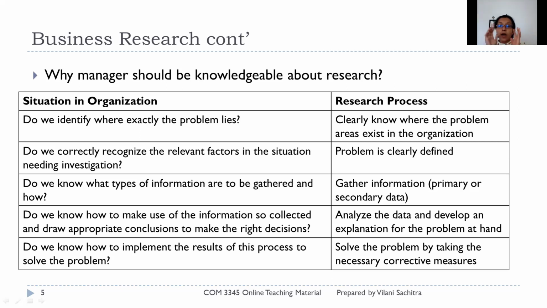Now actually the research process starts with identifying the problem clearly. Then we find out what causes the problem and what factors are going to influence it. That is the second part. Then third, we gather relevant information.